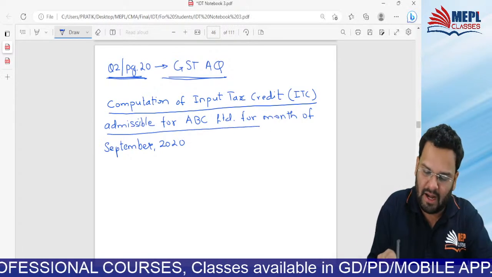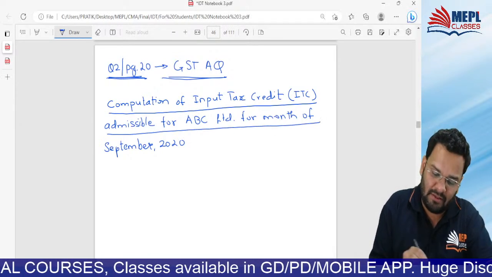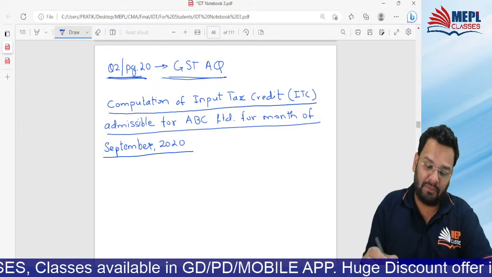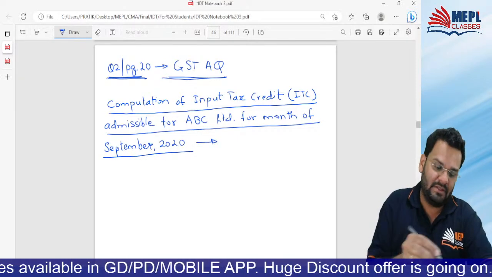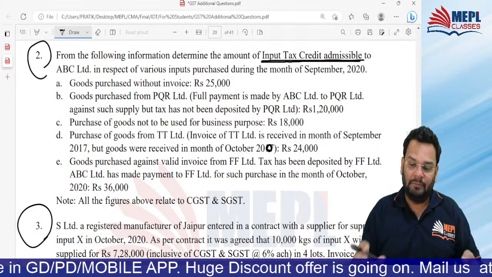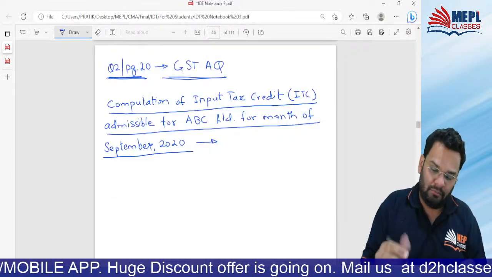Computation of ITC admissible for ABC Limited for the month of September 2020. Isn't it? Yes.